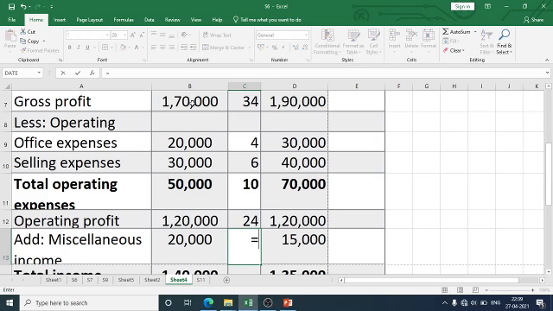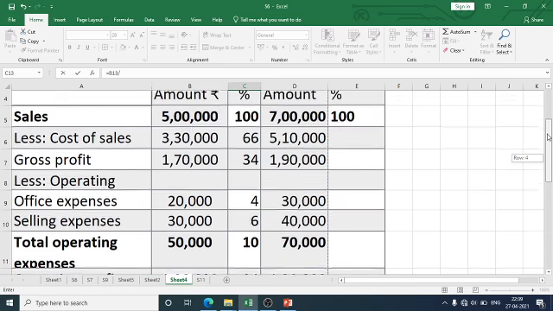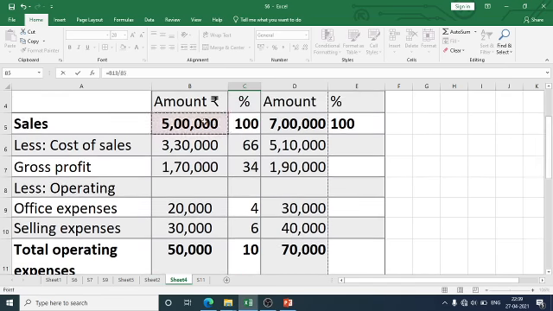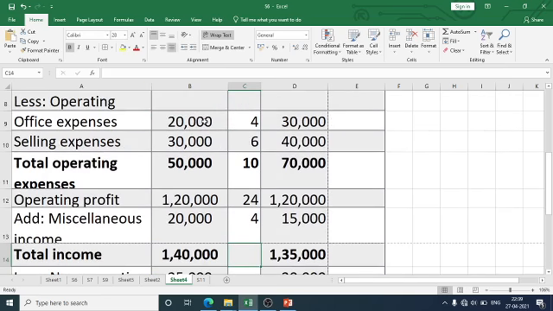Next, miscellaneous income divided by, we need to go up here, 5 lakh into 100. So if you do, it will be 4%. So total income, we can do calculation like this also. 1,40,000.